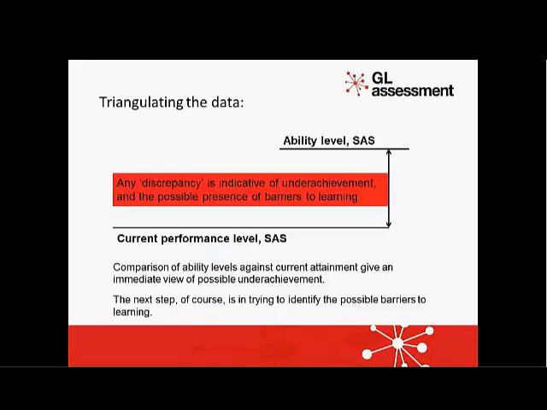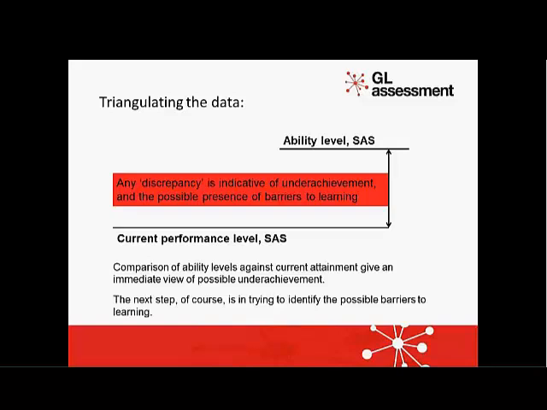Really at the heart of that model is the idea that we can pair up ability and performance levels. Using standardized scores, which is the common scale that we use throughout these assessments, we're able to compare performance, attainment, against ability. That gives us more of an idea of potential performance if learning barriers aren't in place.